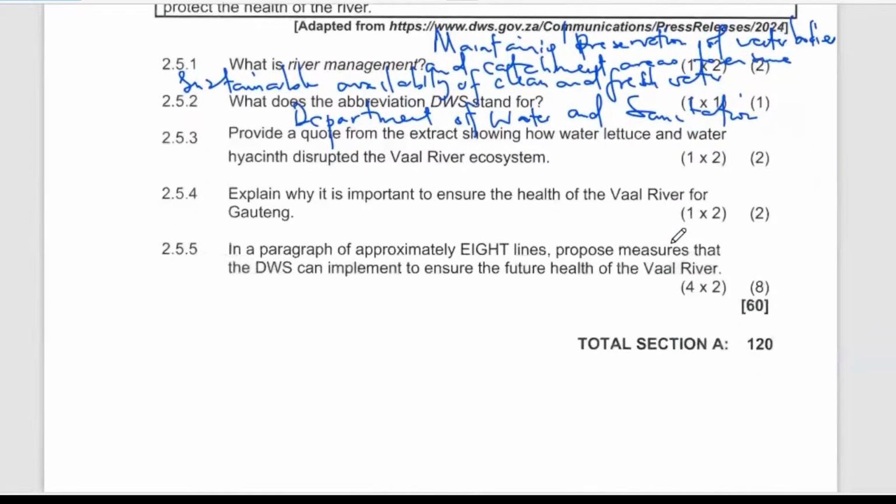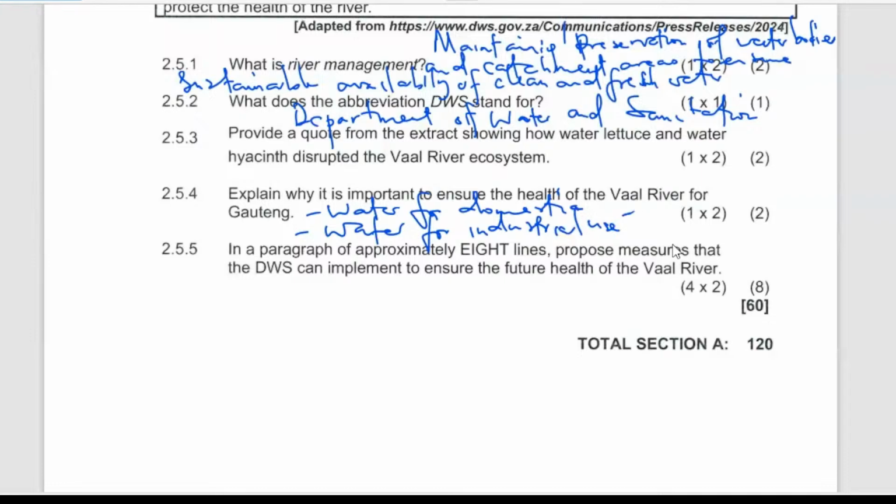Right, moving on to the next question. Explain why it is important to ensure the health of the Vaal River for Gauteng. For the Gauteng people, why is it important? Right, in Gauteng, the Vaal River is used for extraction of water for domestic use. And the Vaal River is also used for the extraction of water for industrial use for the Gauteng people.